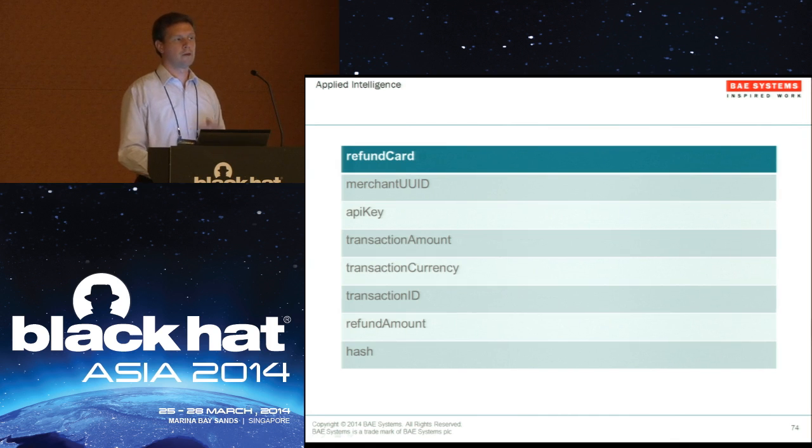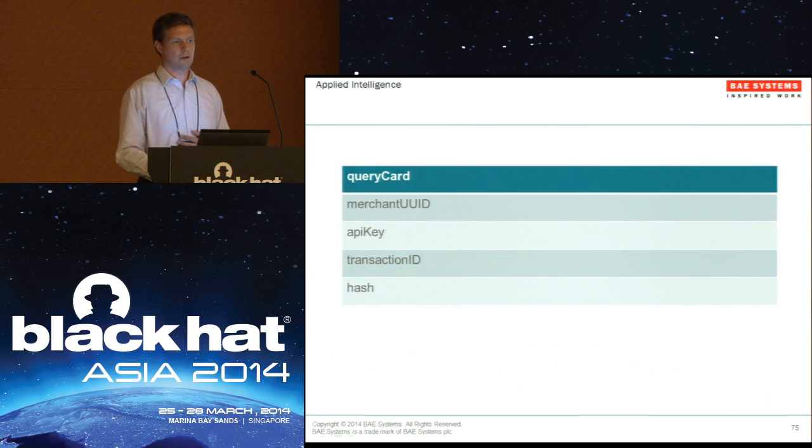So rather than spoofing payments, you can actually make a genuine payment. The payment will appear in the merchant's account. You'll get your goods, and then you'll just refund your own transaction. If you're feeling particularly evil, you can just loop through every possible transaction and refund all of them, which is a good way to get rid of your competition, I suppose.